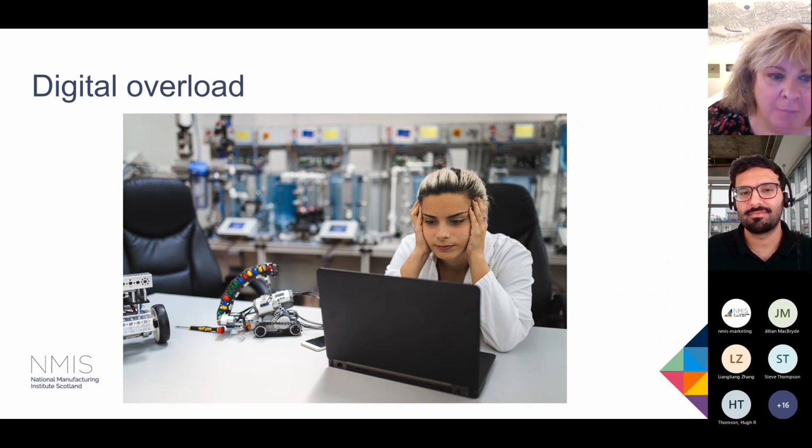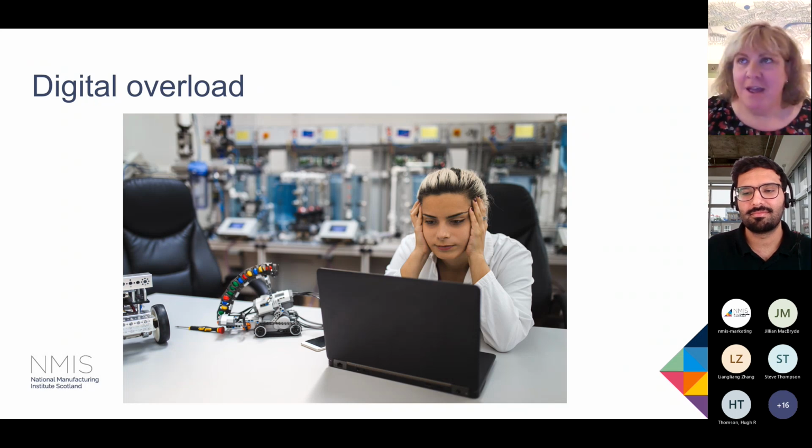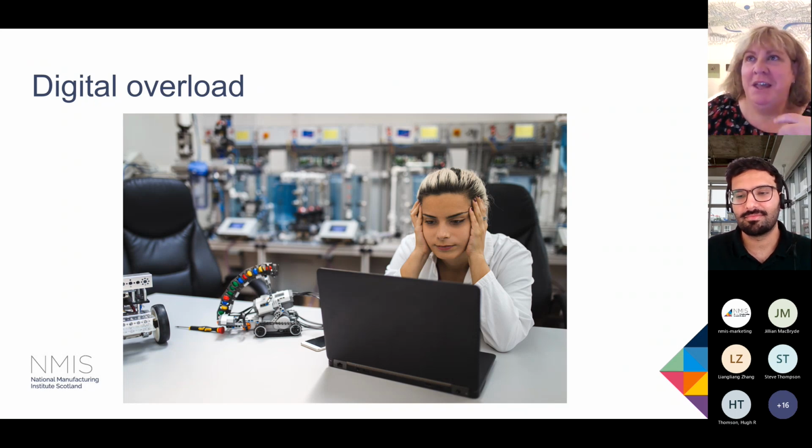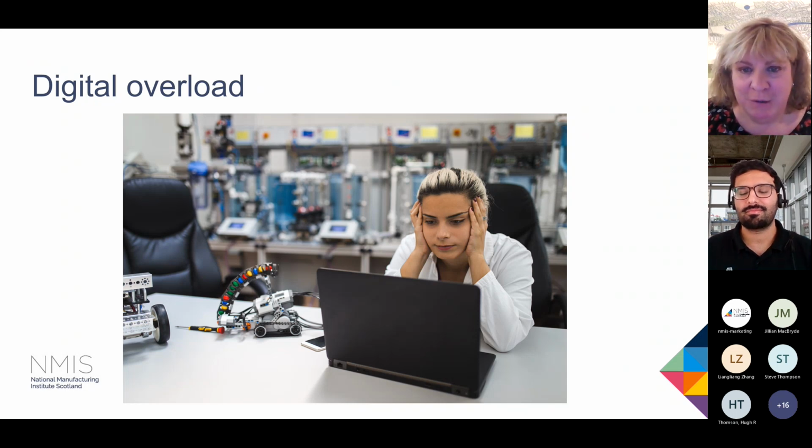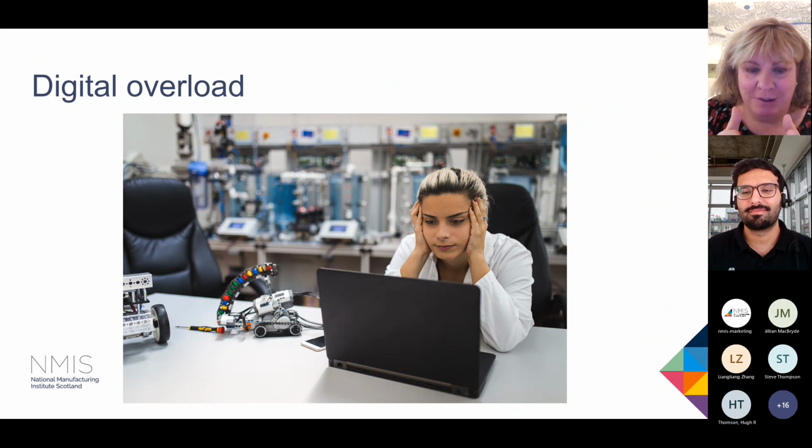So we find that having IoT and different mechanisms, different digital technologies loaded into one place, we end up with digital overload, because it's not just one system, and we don't just have to understand one system, but there's lots of systems being integrated.